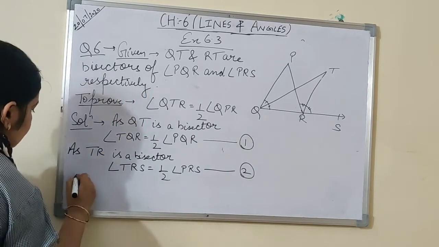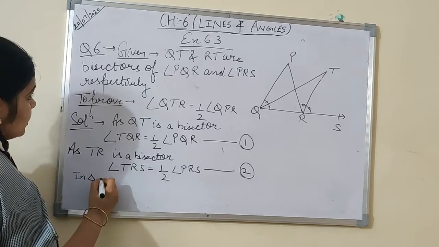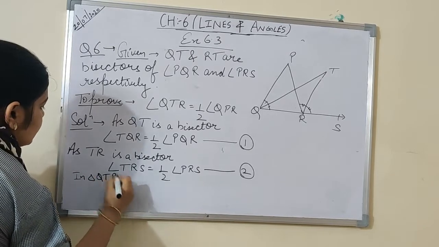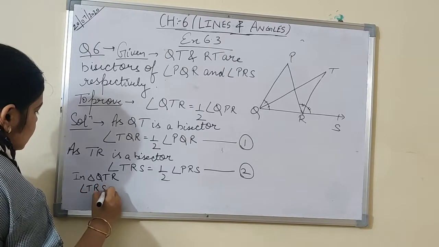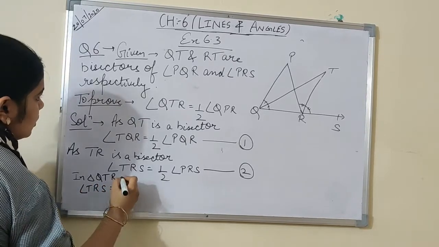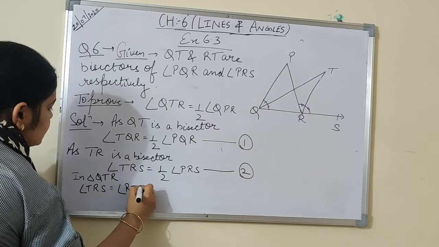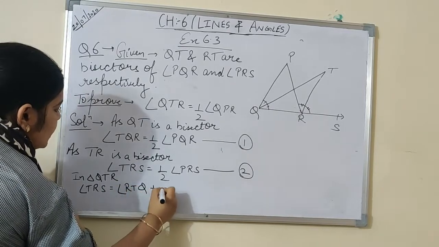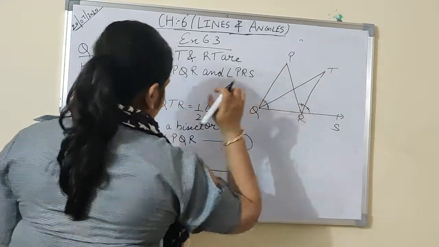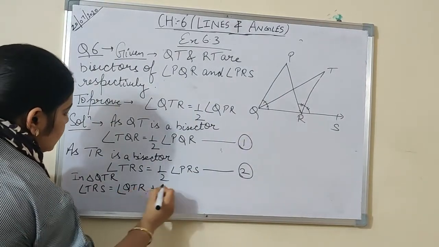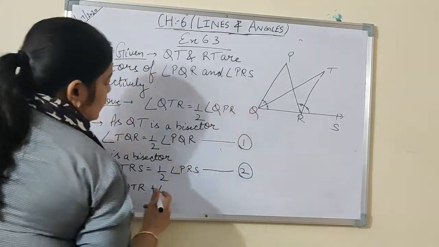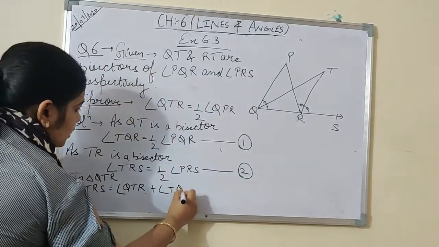So in triangle QTR we can write angle TRS is equals to angle QTR plus angle TQR.